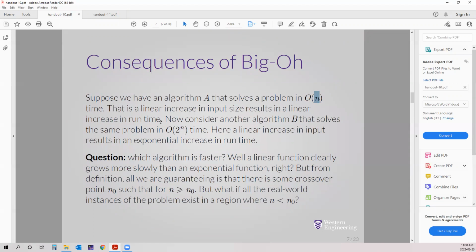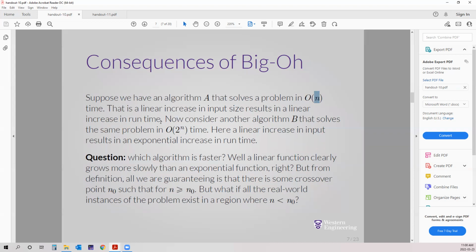If we increase the number of inputs, then the running time will increase exponentially. In the first example with algorithm A, if n is 10, then f(n) will be 10. If n is 15, then it will be 15. But here it will be 2 to the power 15, which will be way more running time.